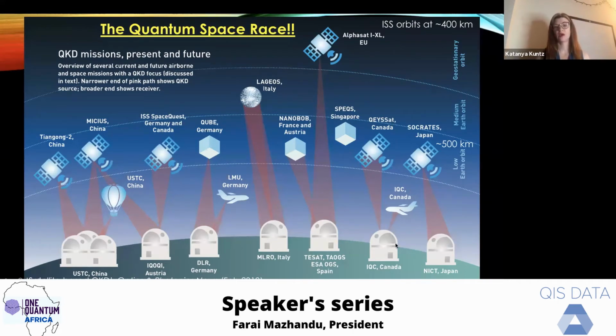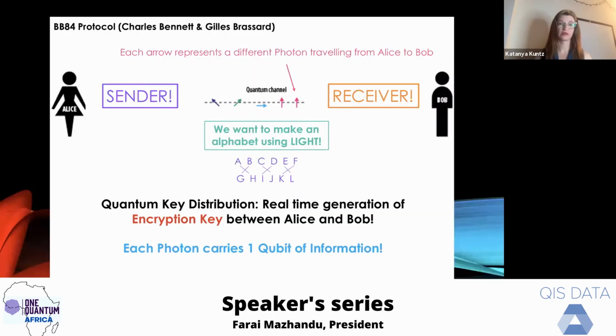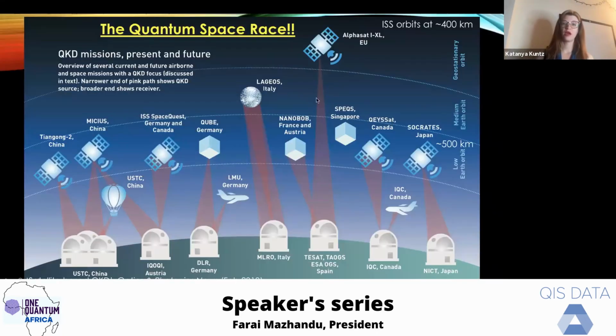What's interesting about this picture is that the person that drew it actually took the detail of showing where the uplinks and the downlinks are. So if the source is on the satellite, then it's a narrow beam at the top. And if the source is on the ground, then it's narrow at the bottom.